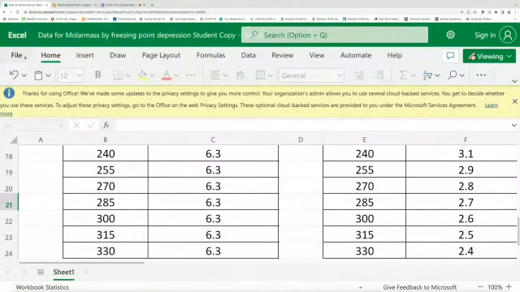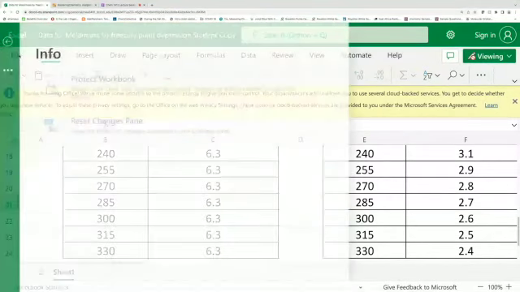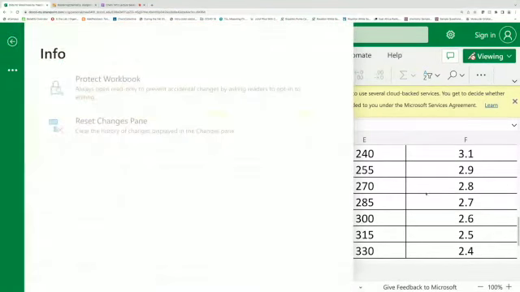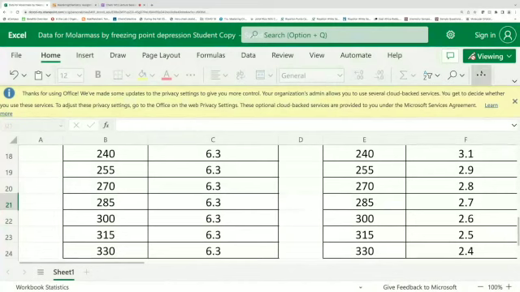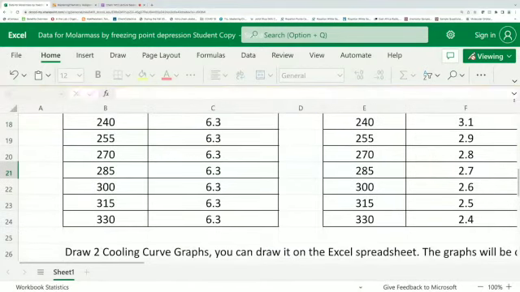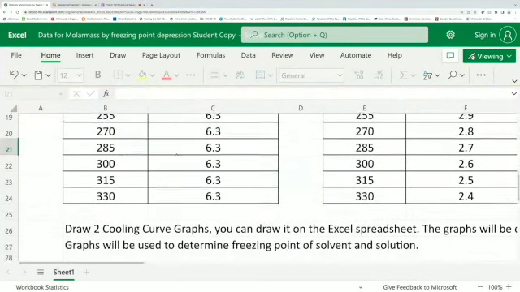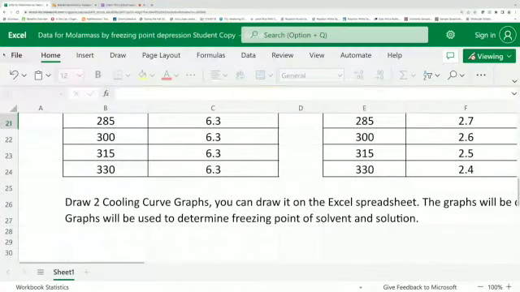Now, how do I save this? File. I'm going to try to write on this and do stuff to it. Oh, will it not allow me to download? Are you guys able to download this and then save it?